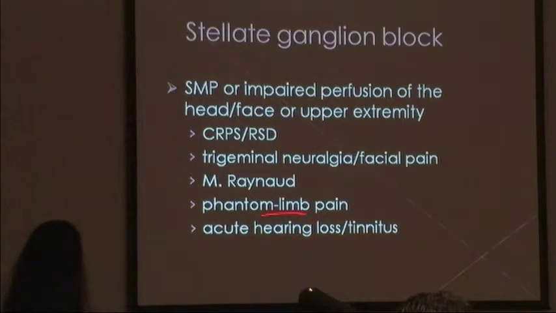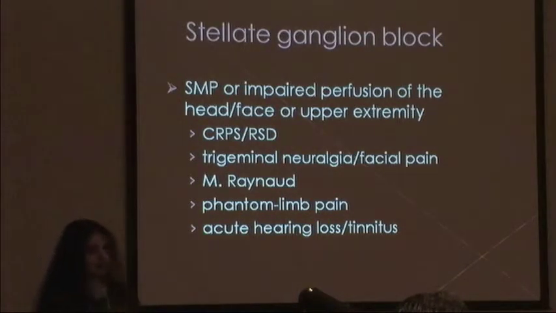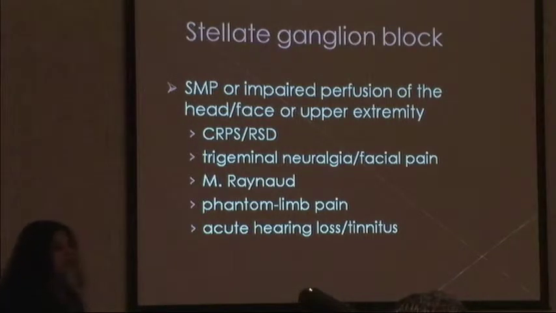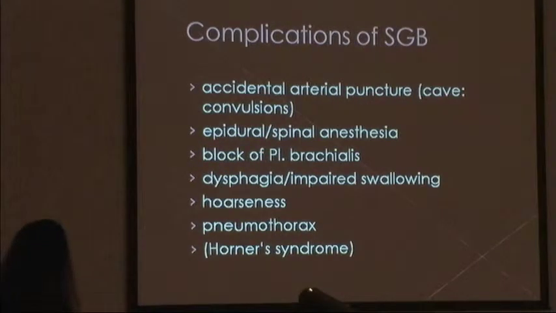What we started doing recently is that in acute hearing loss with tinnitus that doesn't respond to more conservative procedures, or where the ENT department doesn't offer any other treatment, we do the stellate blocks too, and sometimes we are able to reduce the amount of tinnitus.